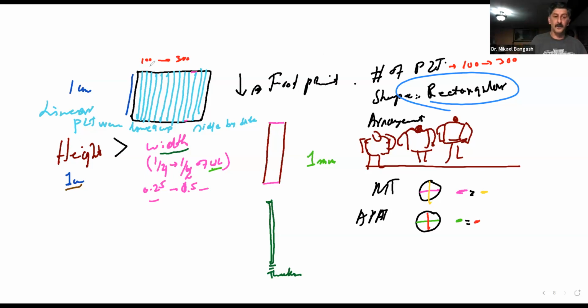Whereas for your linear phased array, mainly because they were rectangular, it says that the height of the PCG is going to be greater than the width.